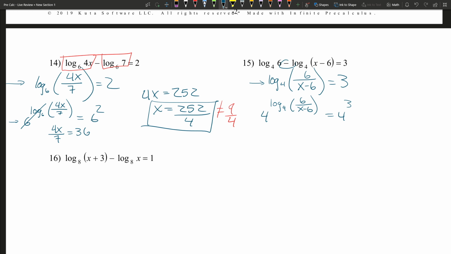This 4 to the power of log base 4, those cancel. So you're left with 6 over x minus 6 is equal to 4 to the third, which is 64.